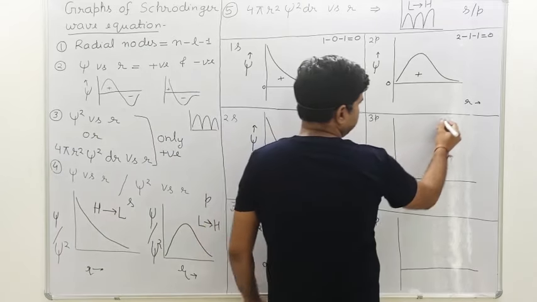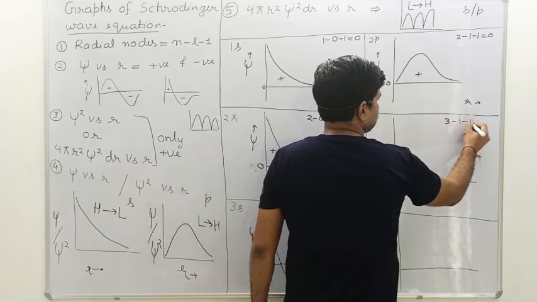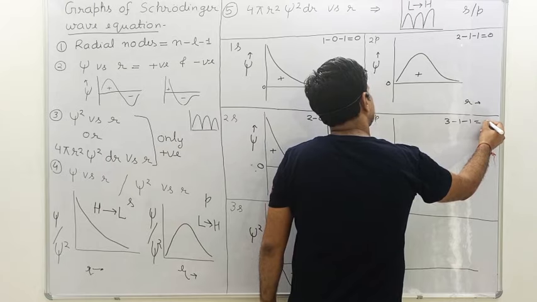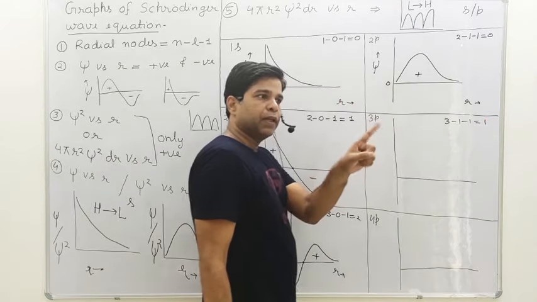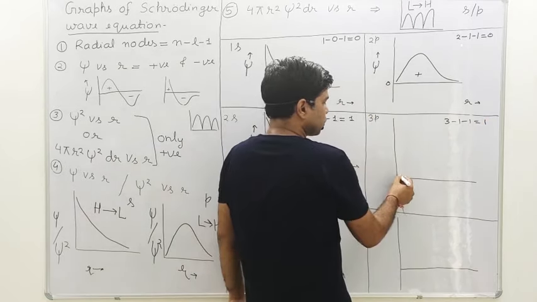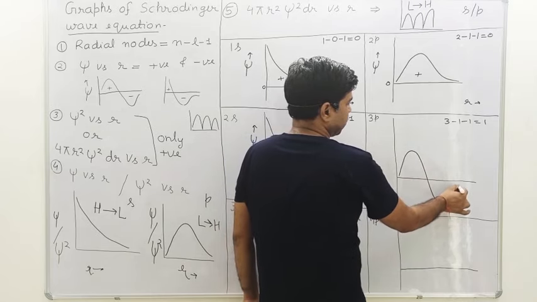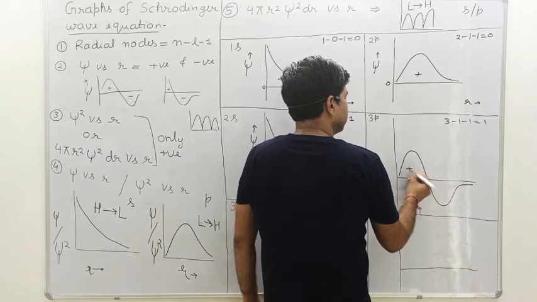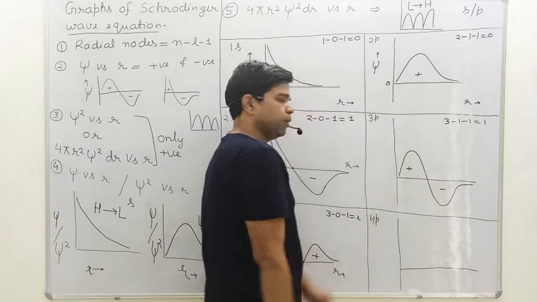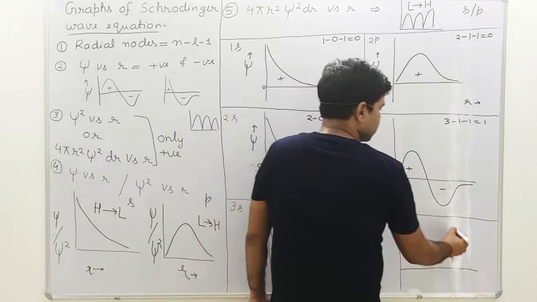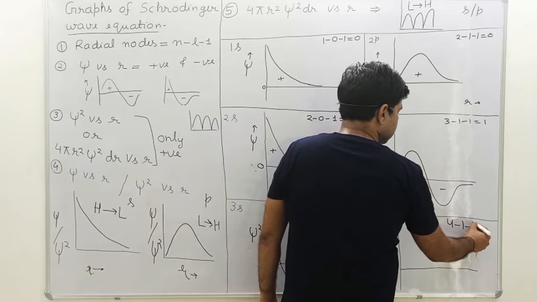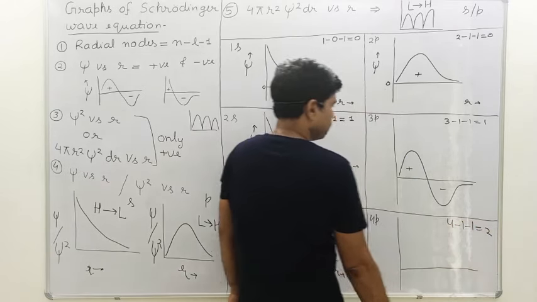Now 3p, 3 minus 1 minus 1, 1 radial node. One time you can make psi equal to 0. You should start from lower to higher. One time 0, now it cannot become 0 again, positive, negative. Now 4p. How much is the radial node? 4 minus 1 minus 1, 2.